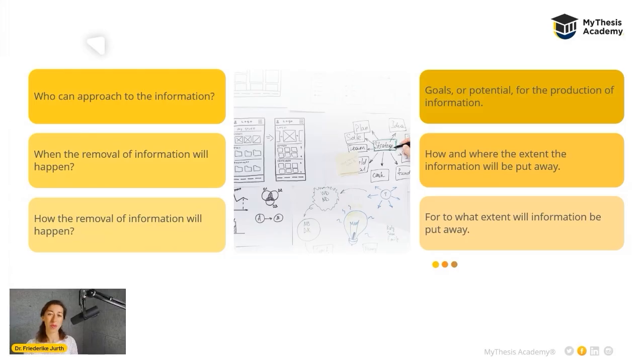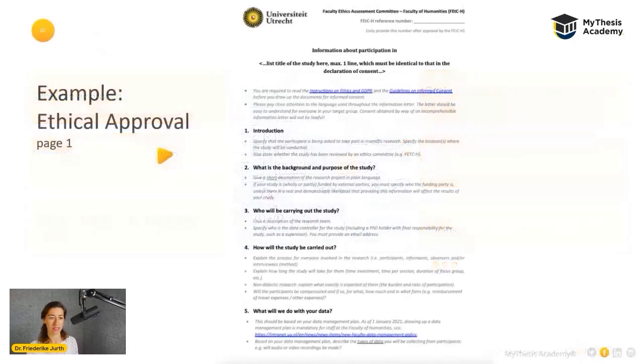So before we finish this class in this module, I would like to provide an example and show you in a very concrete way what a research ethics form can look like, and how it is made up. Here we have an example of an ethical approval from the University of Utrecht in the Netherlands.